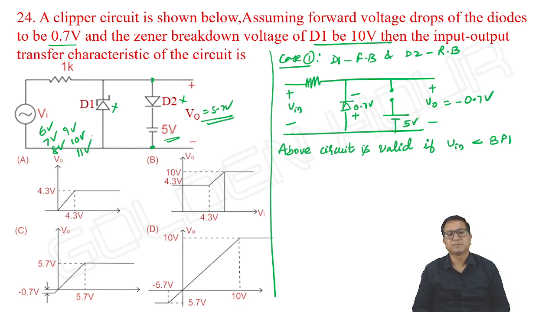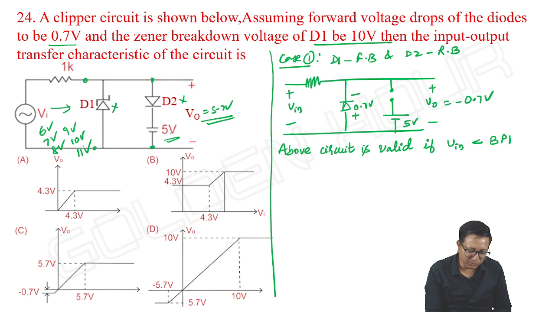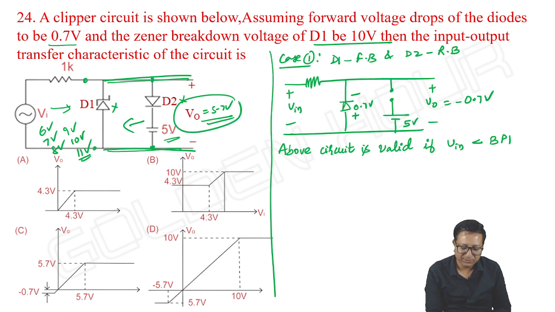No. If you see in this direction, it looks like 11 volts between these two, going above 11 volts. But if you see in this direction, what is the maximum voltage possible across these two terminals, friends? 5.7 only. Then, is there any scope for D1 to undergo breakdown? Impossible. It cannot undergo breakdown at all.